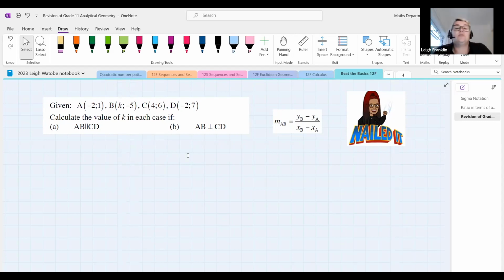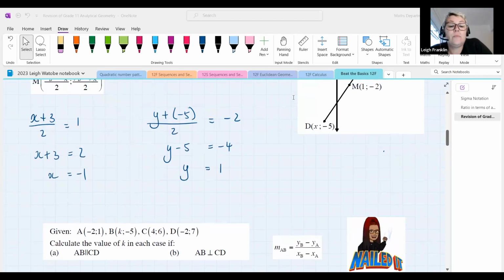Again, I'm going to let you guys try this on your own. Remember, lines that are parallel have got the same gradient. There you go, Michael. You'll be able to see the corrections. Lines that are perpendicular, the product of their gradients is -1.